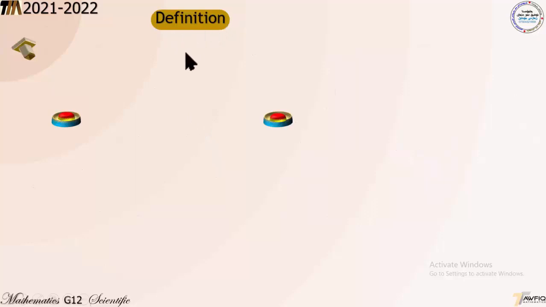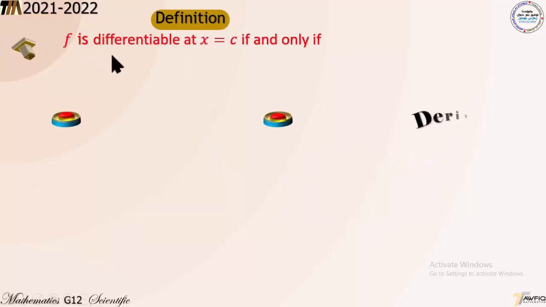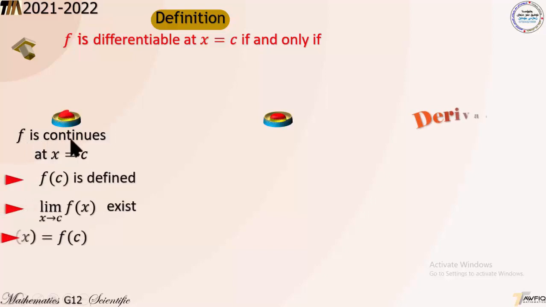Definition. f is differentiable at x equals c if and only if f is continuous at x equals c, which means f of c must be defined, and the limit as x approaches c of f of x must exist, and the limit as x approaches c of f of x must equal f of c.